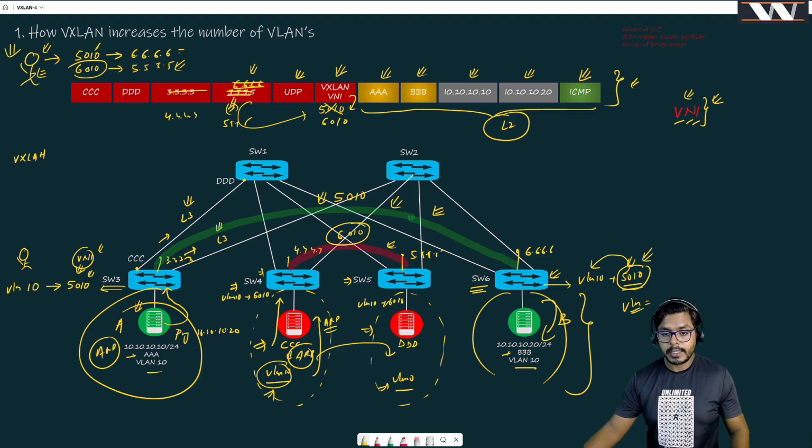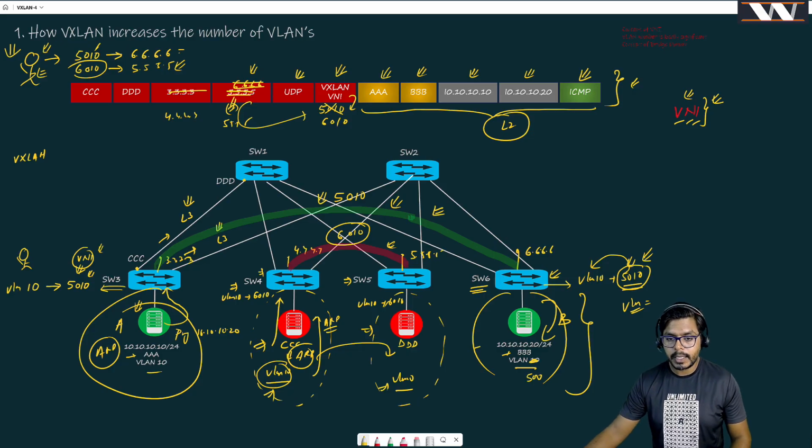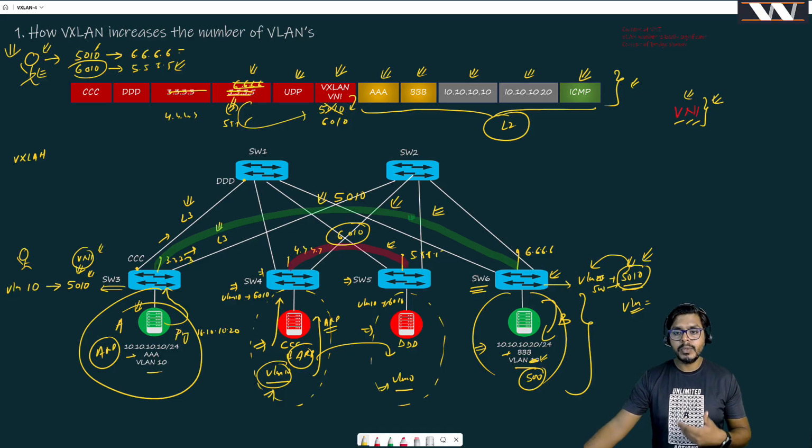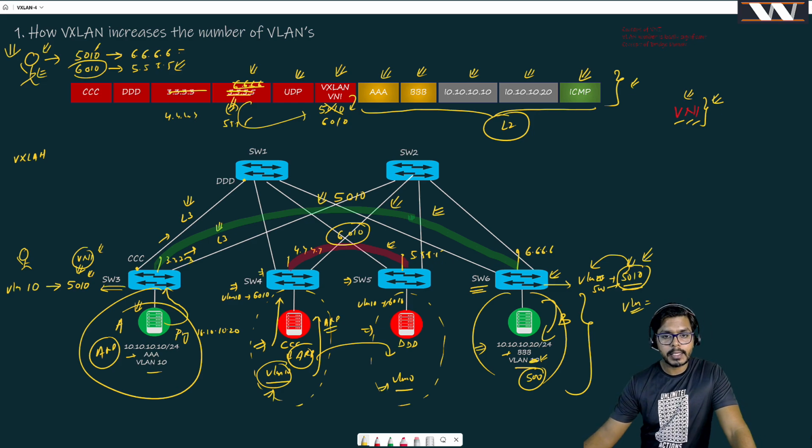It means that the VLAN numbers don't matter at all. Believe me, if I change this VLAN 10 to VLAN 500, suppose, and I keep the addressing the same, right? I am on switch 6 and I have changed VLAN 10 to VLAN 500, and I mentioned that now VLAN 500 is the same VNI. Believe me, there is not a single change in the communication, right? The communication will go through. Why? This guy will be sending the same message here.